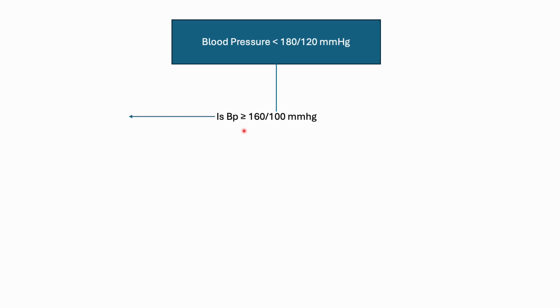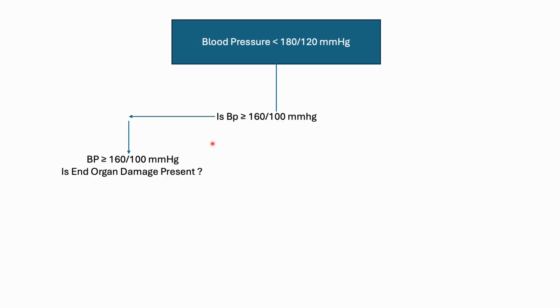If the blood pressure is high, that means more than 160 over 100, you look for or screen for target organ damage. So what is the target organ damage? You check for the development of hypertensive retinopathy. You check whether the patient has evidence of left ventricular hypertrophy, whether the patient has evidence of renal involvement, whether the patient has proteinuria.